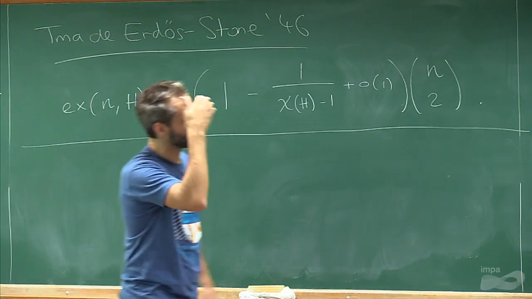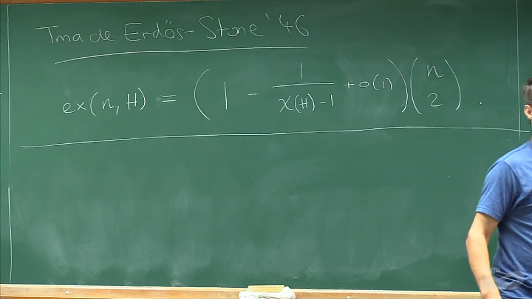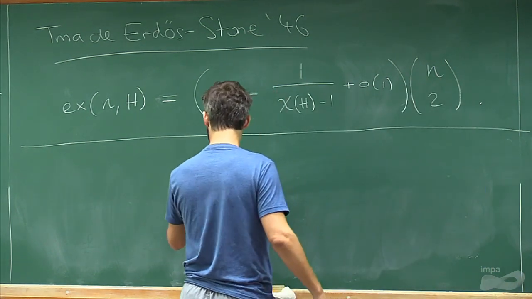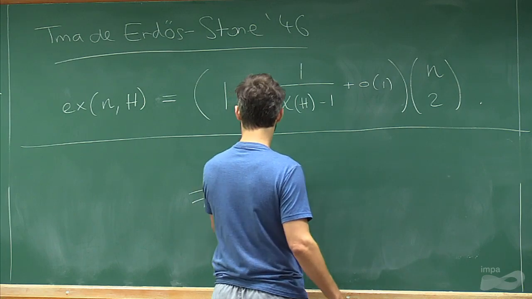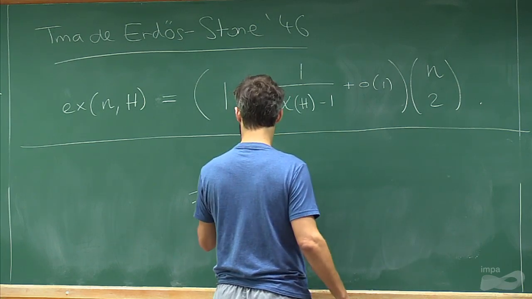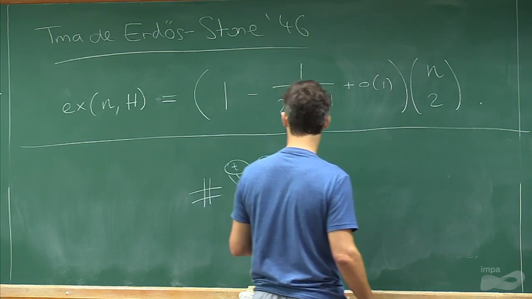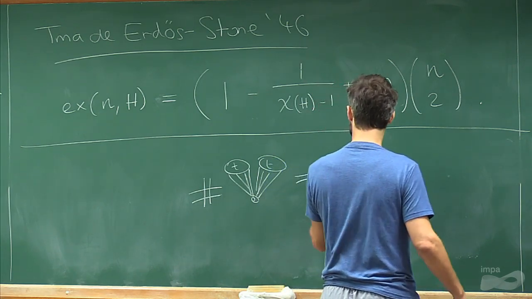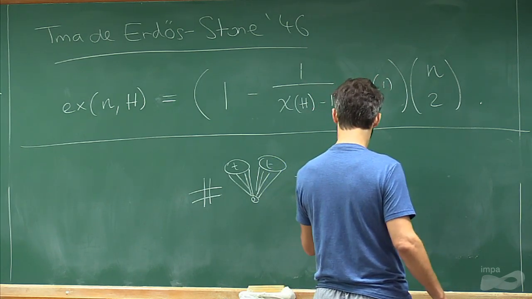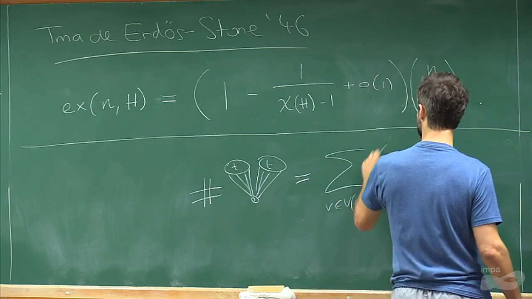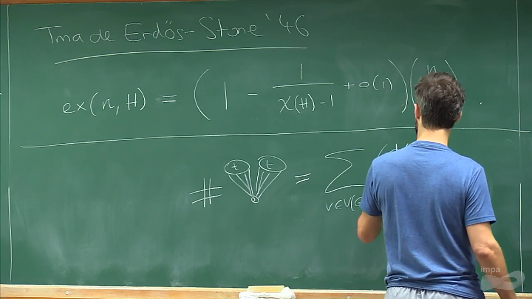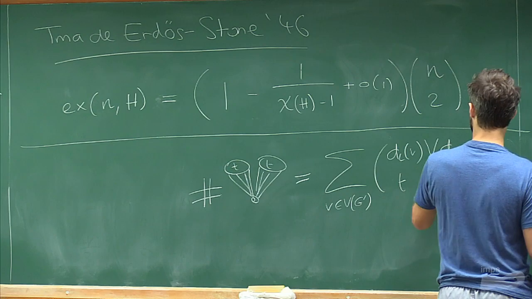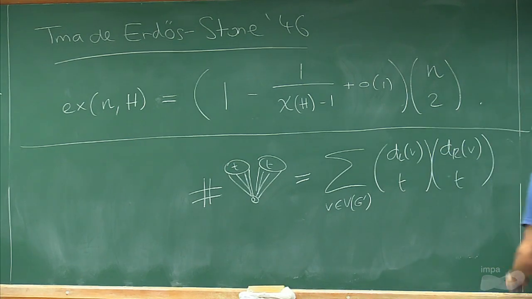We were counting cherries, right? So the number of these things, t, equals the sum over v in G' of (degree left of v choose t) times (degree right of v choose t).